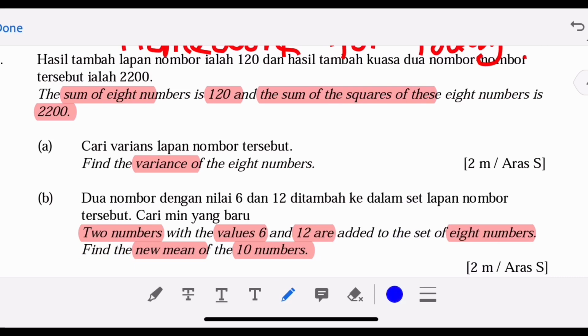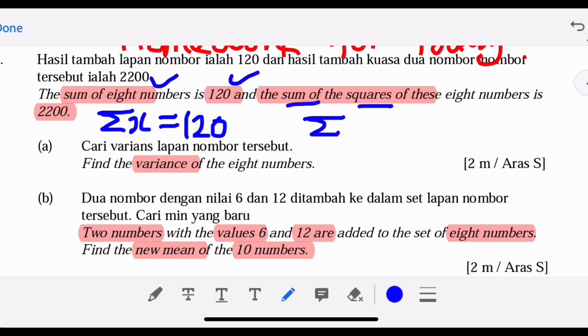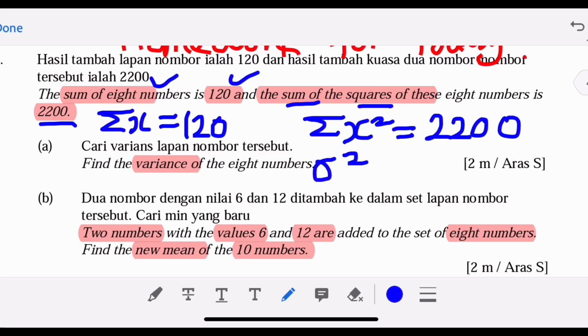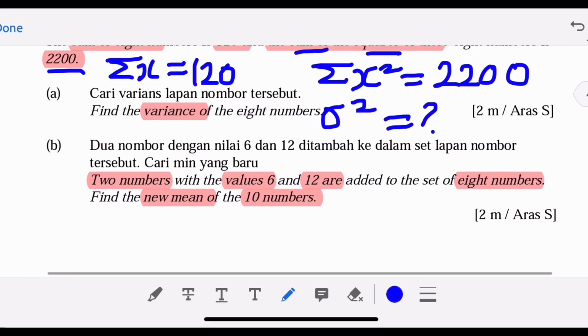Alright, so then you have to write down in terms of the symbol, summation of the 8 numbers is 120. Okay, so summation of the squares of the numbers is equivalent to 2200. So you have to write down in terms of the symbol. Then you're asked to find the variance.